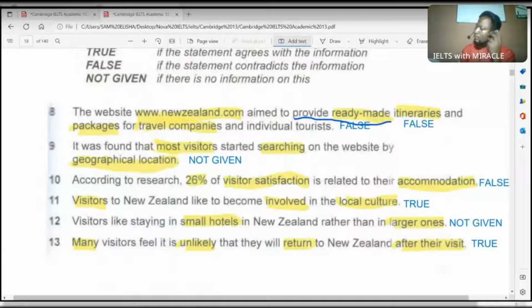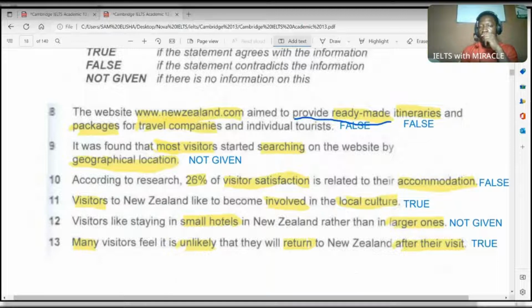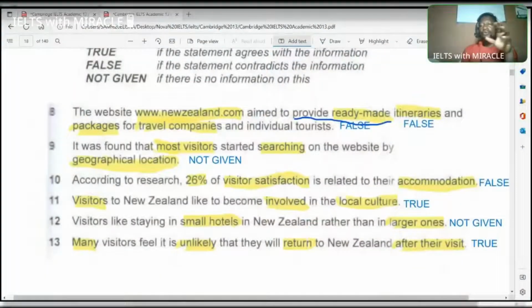They wrote the website was set up to allow both individual and travel organization. So my question is, I can see that you pick the answer from the second paragraph when I pick my own from the second to the last paragraph. Do you understand what I'm trying to say?